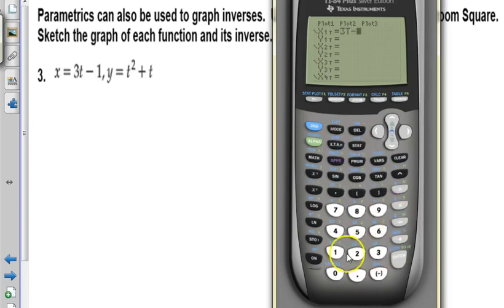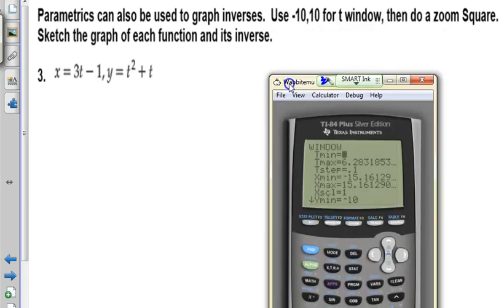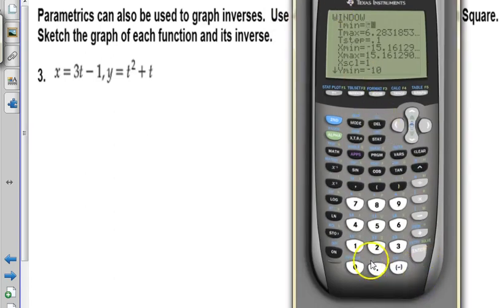3t minus 1 and t squared plus t. Oh, it says to use negative 10 to 10 for a t window. Gotcha. Negative 10 to 10 for the t window.